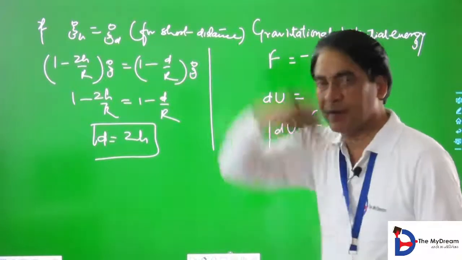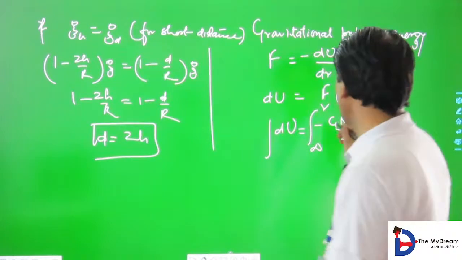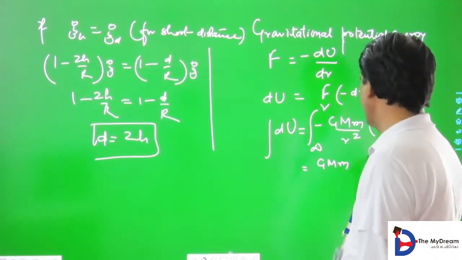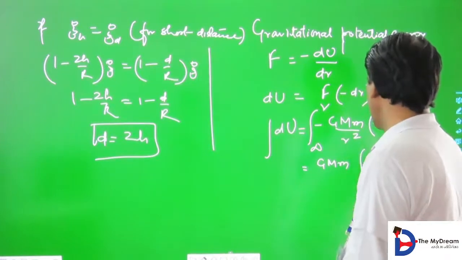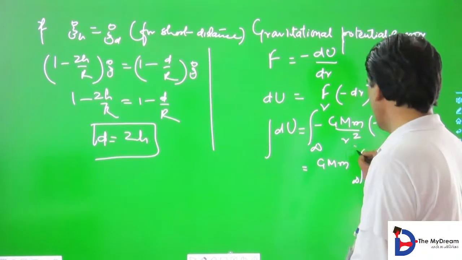Either you send it from here to infinity or take it from infinity to here. Here we are taking the limit this way. GMm times r raised to power minus 2 dr, limit infinity to r.